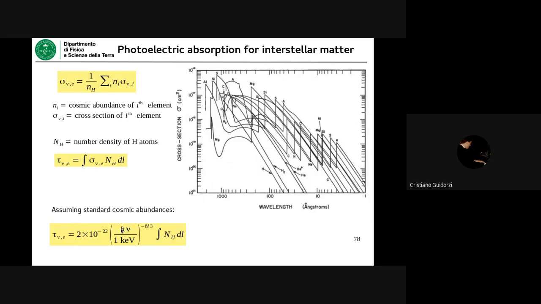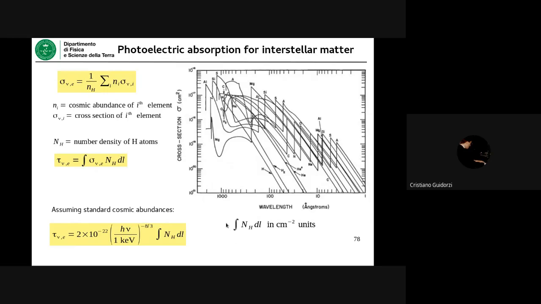In this case, the energy of the photon is in units of keV, which is the typical range we are interested in, and in which the photoelectric absorption is dominant. And if you pay attention to the units, capital NH is in units of 1 over volume, number of particles over volume, so centimeter to the minus 3. The integral in dl is then centimeter to the minus 2.